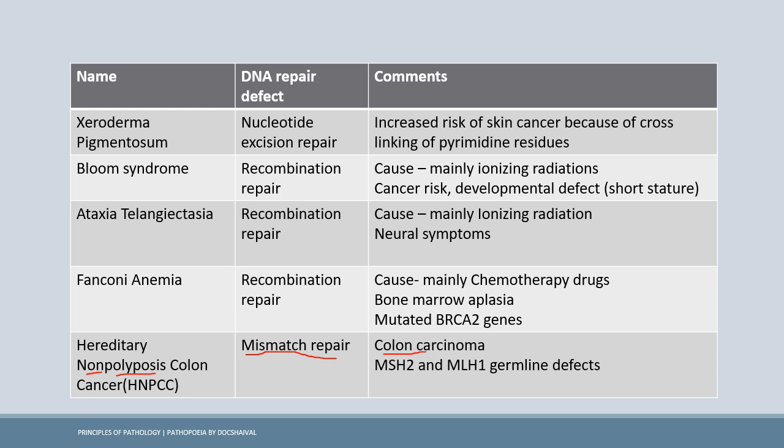Similarly, in HNPCC, there is a family of tumor suppressor genes, and the ones to be aware of are MSH2 and MLH1. Although in HNPCC the genes are not fully characterized, and some other genes like BAX and beta catenin are also affected, mostly MSH2 and MLH1 germline defects are involved.